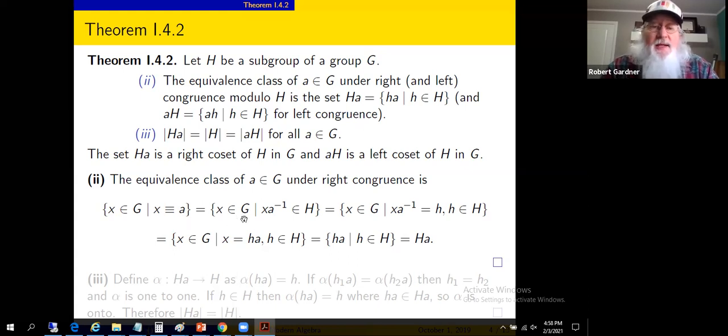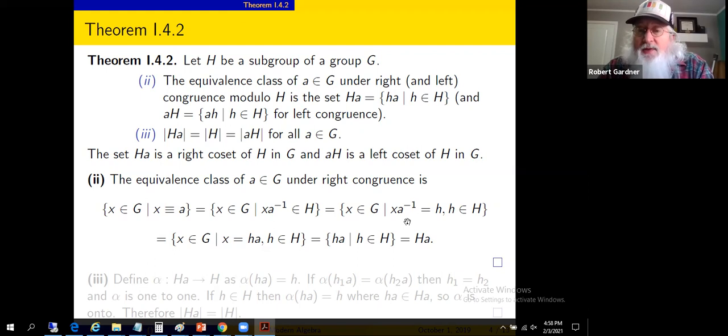That would be the x in G such that xa inverse is an element of H, which is the definition of right congruence modulo H. Let's call it lowercase h: xa inverse equals h for some h in subgroup H. This is just an introduction of a new notational thing.